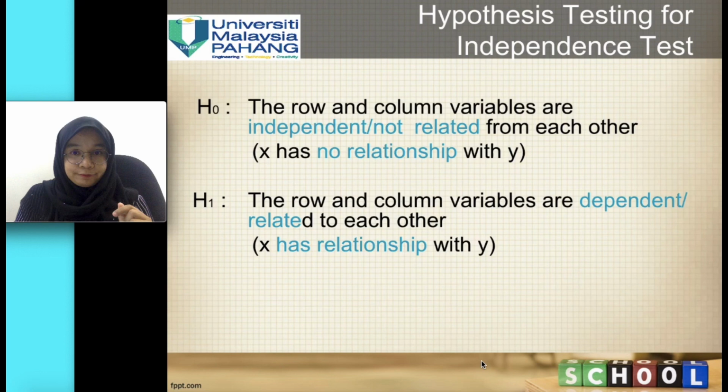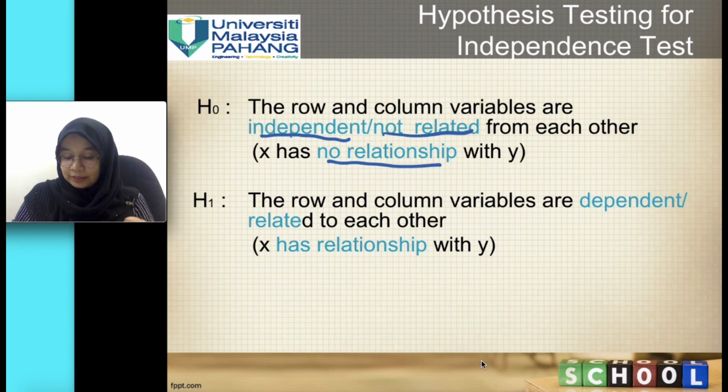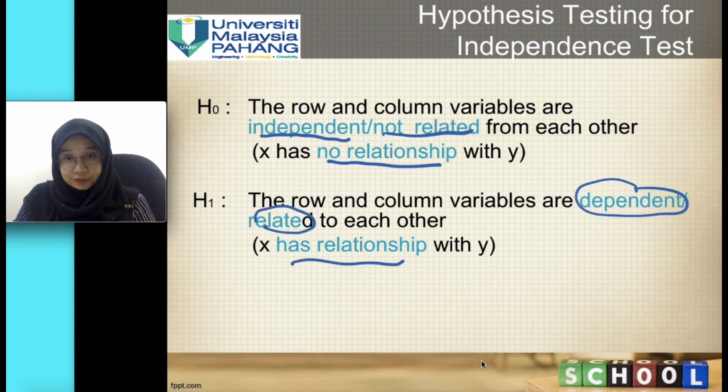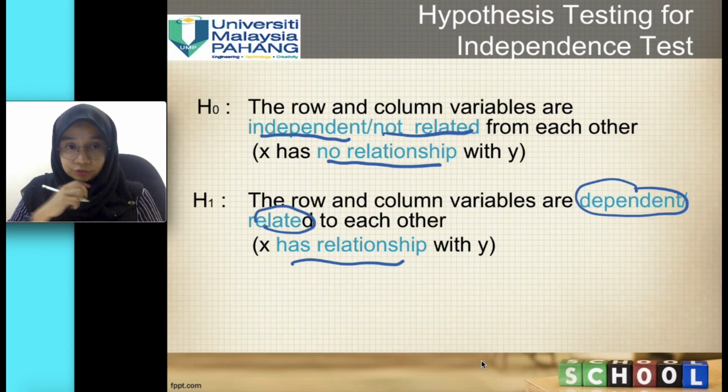H null: no relationship, or independent, or not related. Give you the same meaning. So if H null is not related, H1 is related, or dependent, or has a relationship. So the keywords: H null, not related, independent, no relationship. H1, related, dependent, and has a relationship.